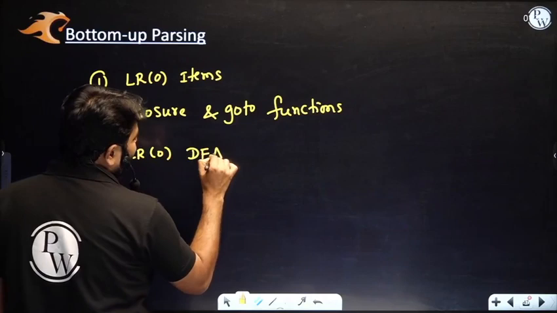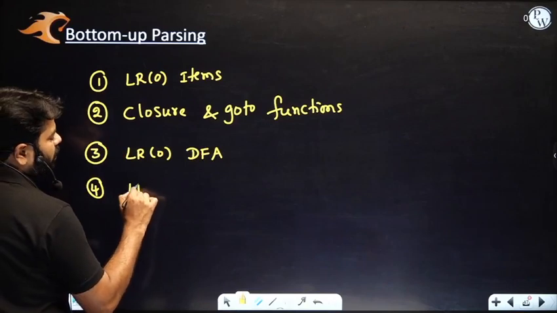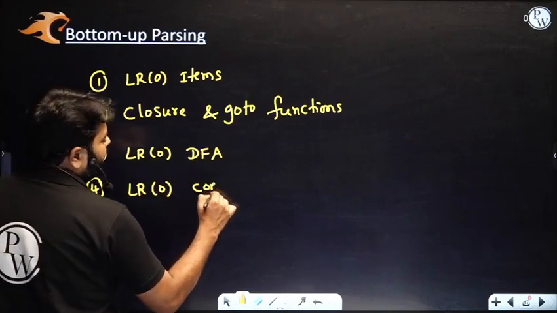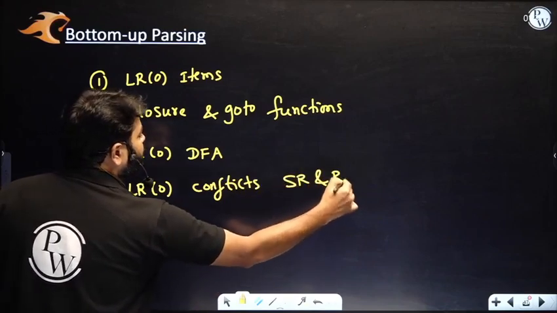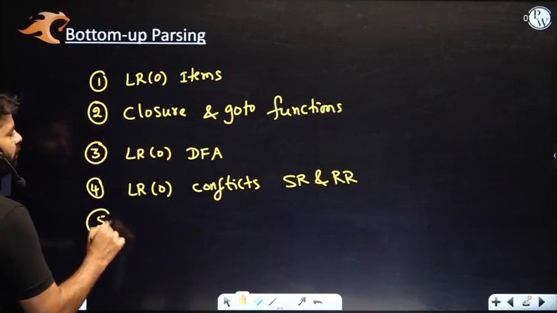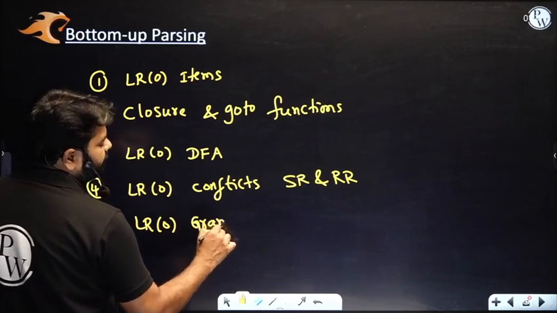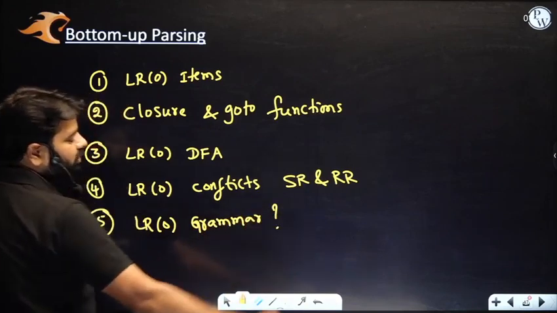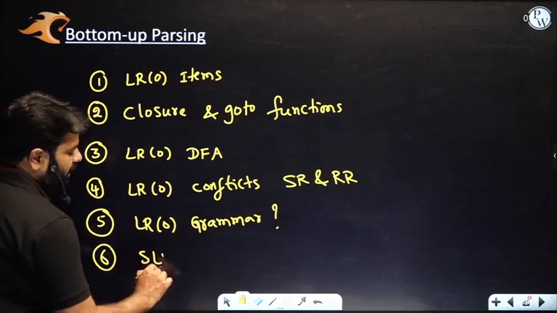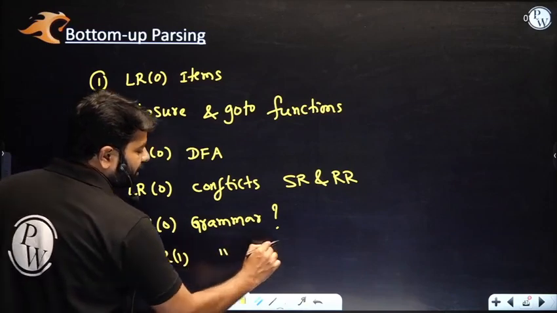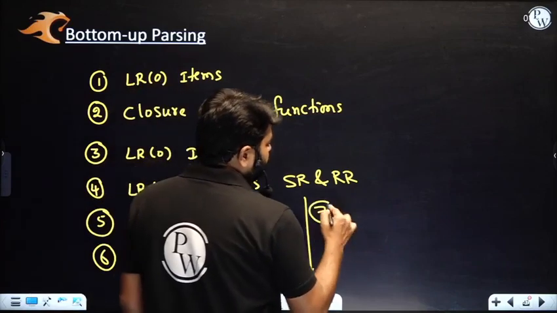We call that the DFA diagram, and then we'll try to understand the LR0 conflicts like SR and RR. We have two types of conflicts, SR and RR conflicts. After this, we will get to know whether the given grammar is an LR0 CFG or not. You can identify whether the grammar is LR0 or not. Then after that, one after the other, how to identify an SLR1 grammar with the help of construction of the DFA, and similarly LALR1 and CLR1.